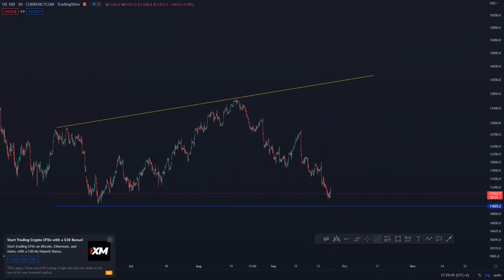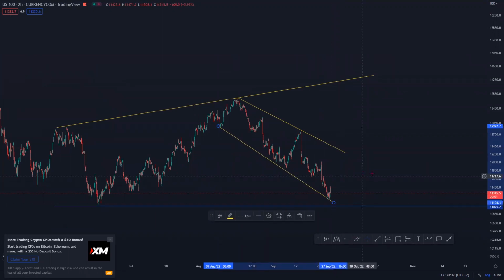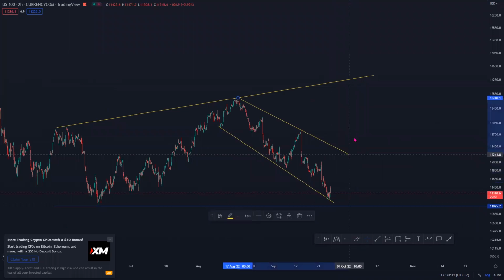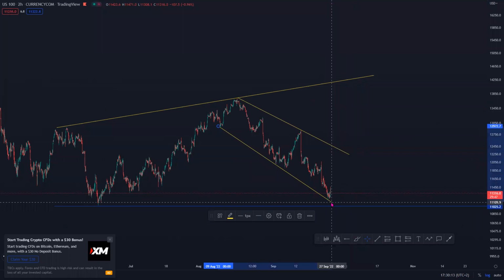We might have a reversal pattern for a buy.